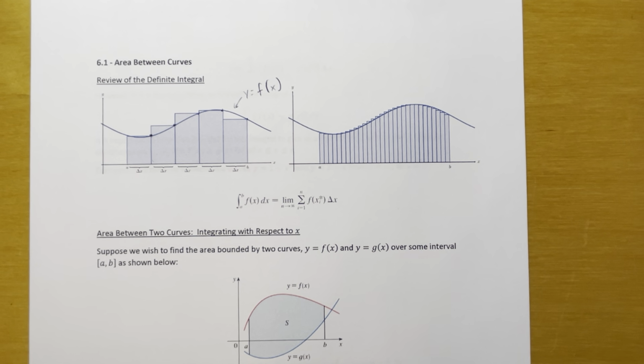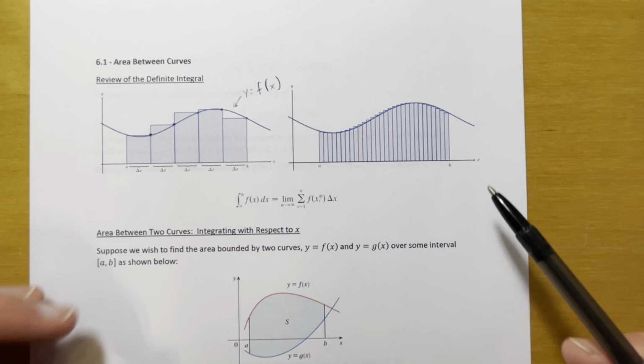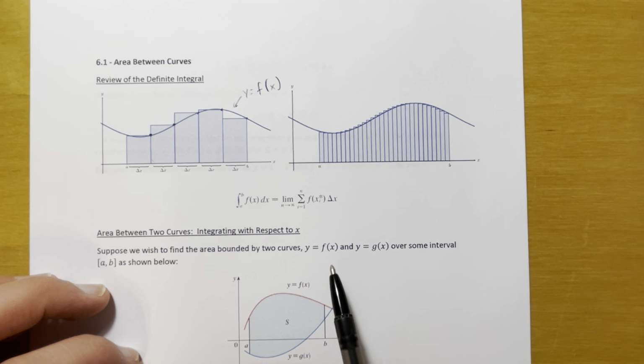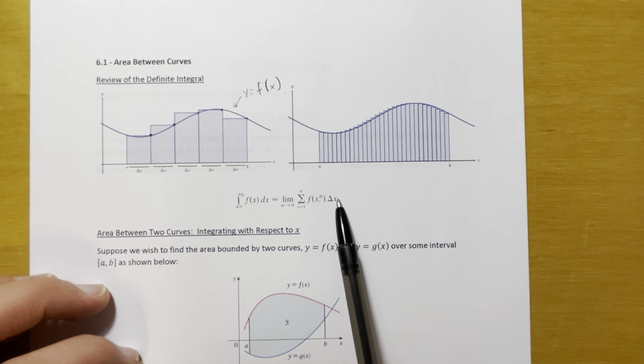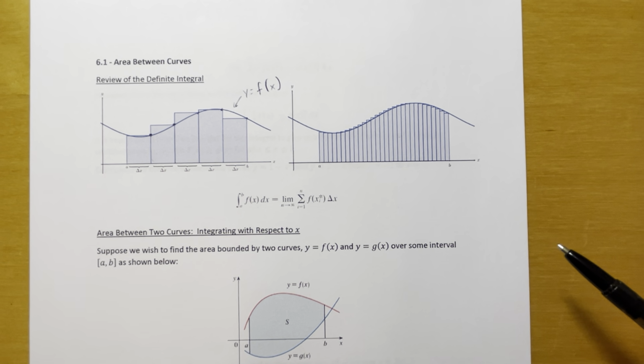That can be used for all sorts of useful things that we're going to come across. So every time we introduce a new application of the integral, we want to keep in mind this thing here. We call this a Riemann sum. That this is where the definite integral comes from, and understanding this definition helps to motivate a lot of the applications that we're going to see.